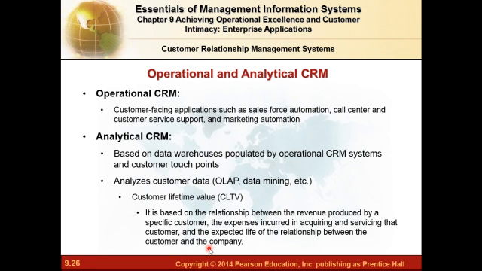So this is one of the most important benefits of analytical CRM, the ability to determine the customer lifetime value.